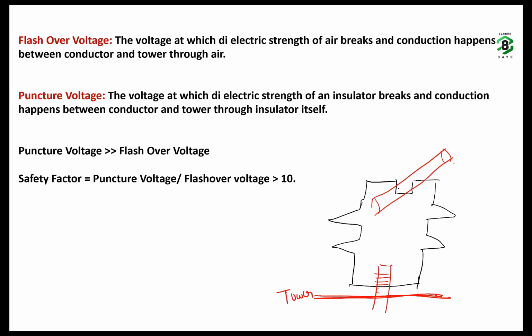If the flashover between conductor and the tower happens through air, because of some reason, either moist weather condition because of rain or because of the high voltage of the conductor, the dielectric strength of air is breaking and the conduction is happening between the conductor and the tower through the air.